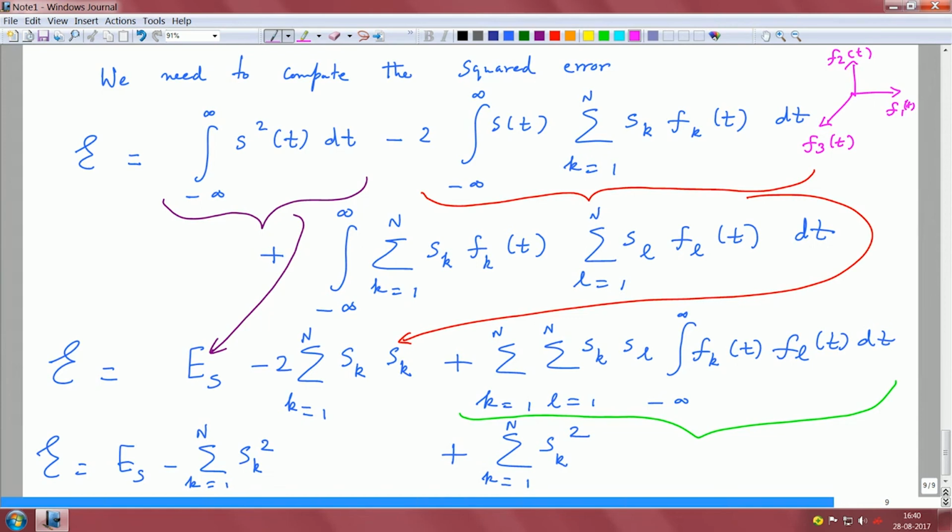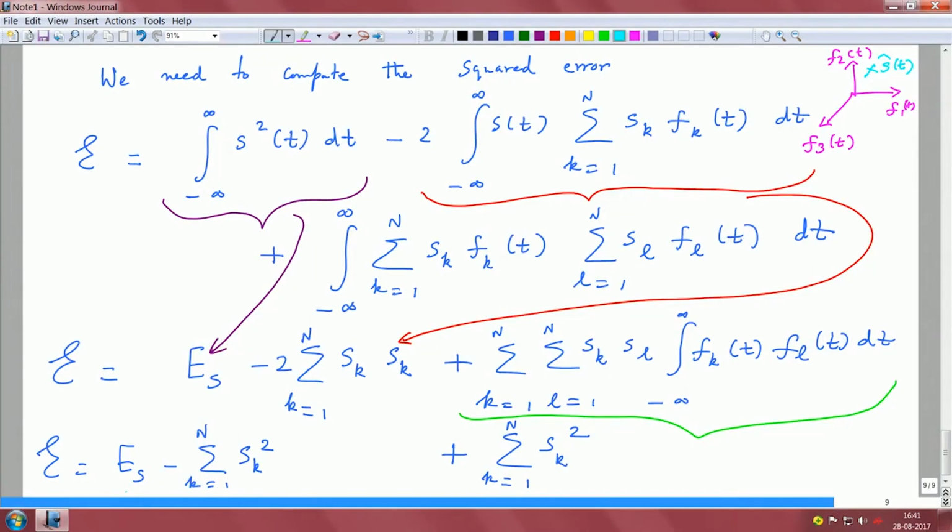This S hat of t, I am assuming 3 components here. If you think about n such bases, you have to think about it in an n-dimensional signal space. My S hat could be some signal that is a point in this space. That means it will have some component of F1, some component of F2, some component of F3, and that is how I would represent that signal as a weighted sum of these bases.